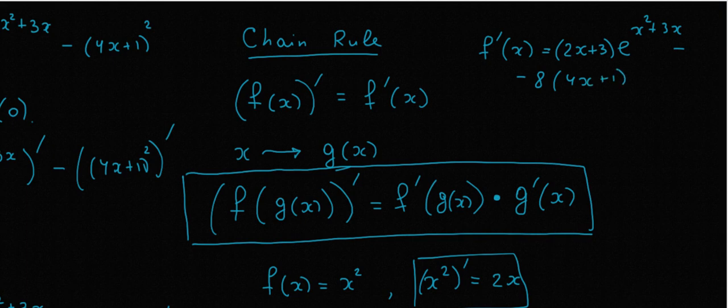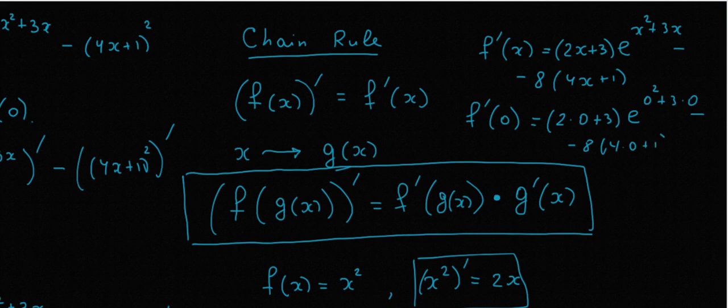So all that remains at this point for us to do is substitute 0 for x, because if you remember, the problem was asking to calculate the value of this derivative at x equals 0. And so just plug it in and calculate. So we get 2 times 0 plus 3 times e to the power 0 squared plus 3 times 0 minus 8 times 4 times 0 plus 1.